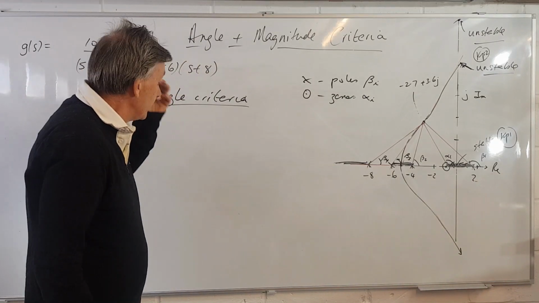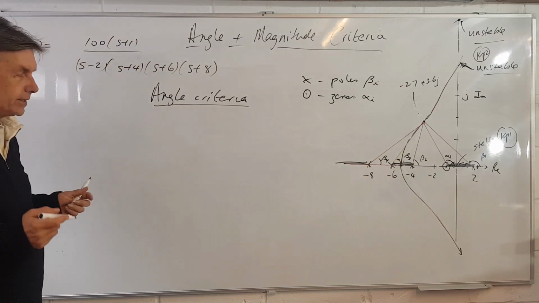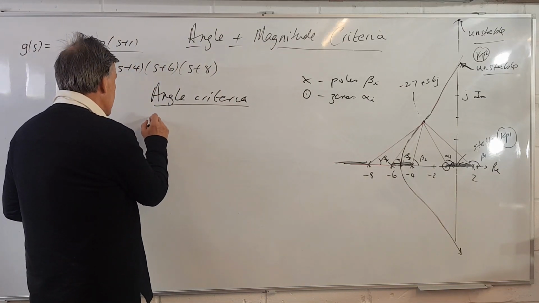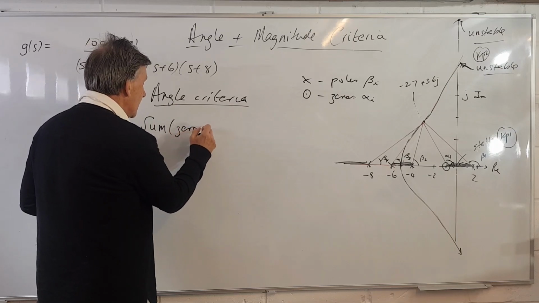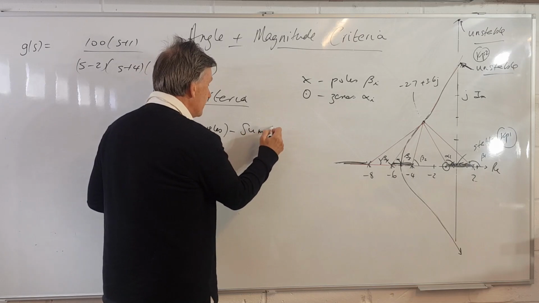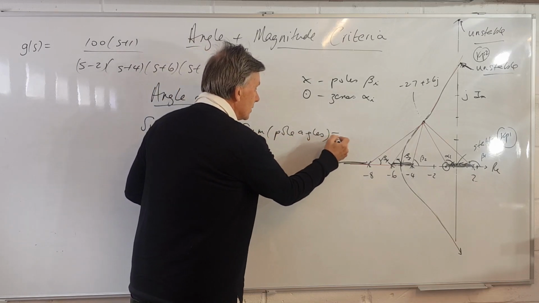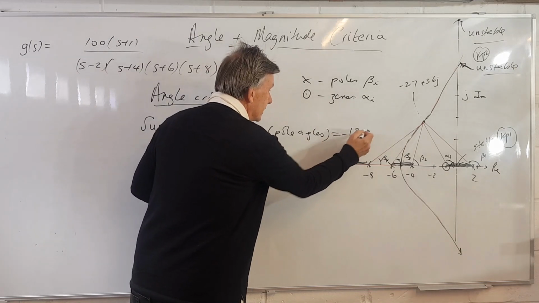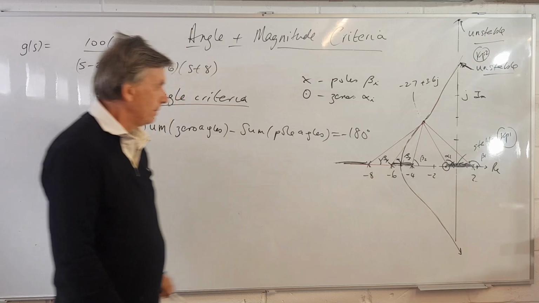Then we can put these angles into the angle criteria. The angle criteria states that the sum of the zero angles minus the sum of the pole angles should come to exactly 180 degrees if this point is on the root loci.